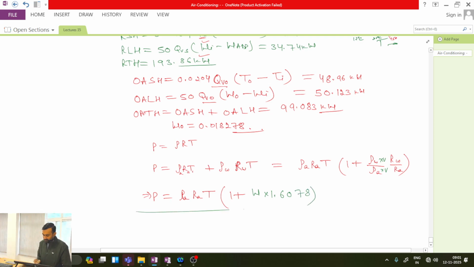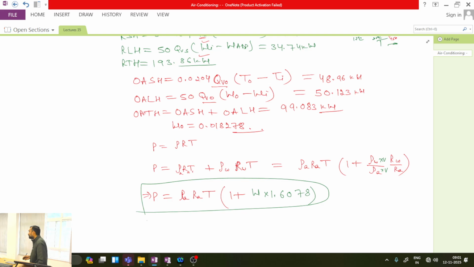Are you getting this value? So 0.462 by 0.287, 1.679. Okay, so the correct value would be slightly different. So the correct value will be 8.314 by 18. Is it correct?